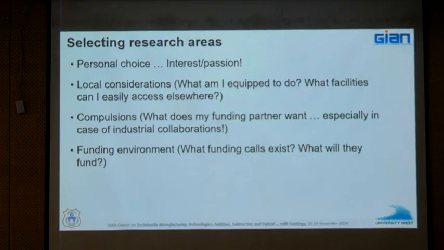The last funding call for India-Sweden funding support was on bio. So, if I want to apply for that funding, I am forced to pick a research area that is related to bio. So, there are many things that you need to think about. Do not go around asking people what you should do research in. You have to decide based on one or more of all of these.